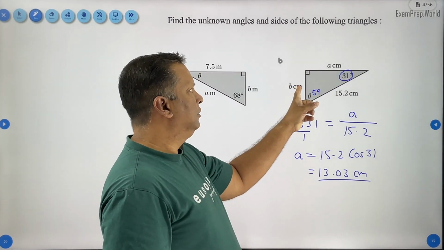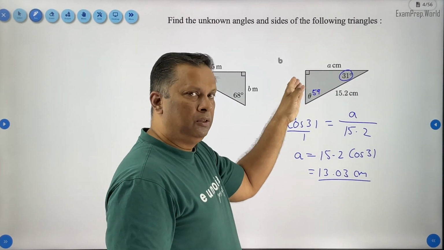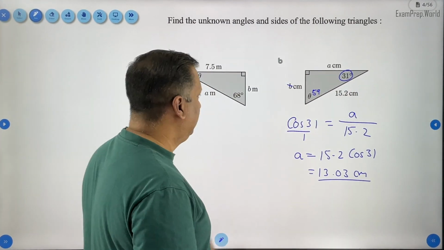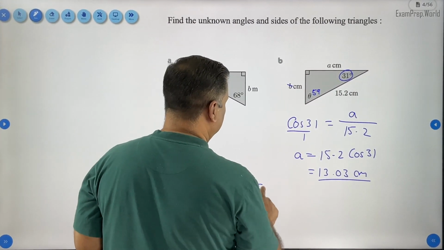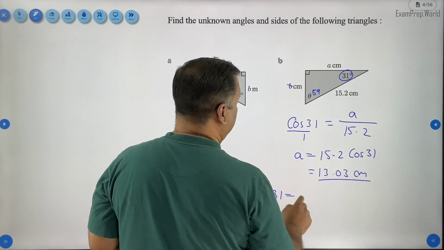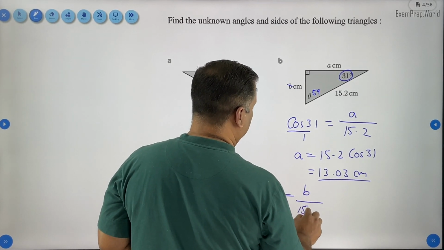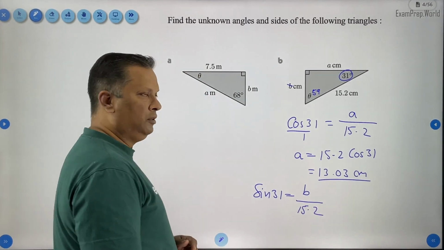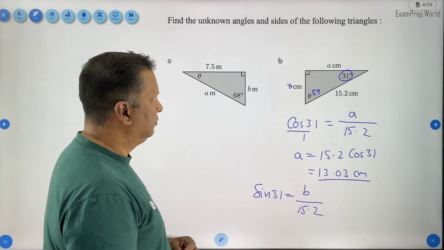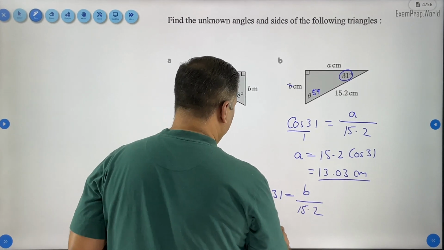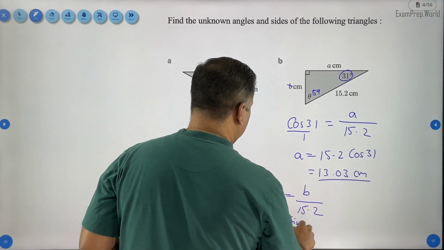Now for B, B is opposite to 31, and opposite and hypotenuse, right? So we will use sine 31 equals B over 15.2. Correct? Can we do? We can. So B equals 15.2 sine 31.